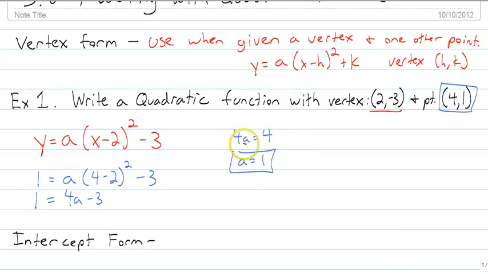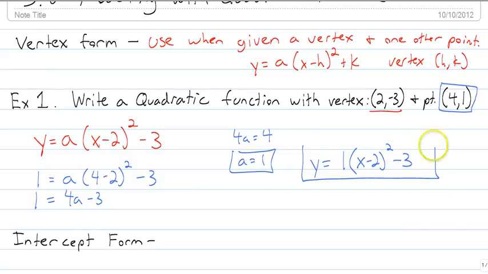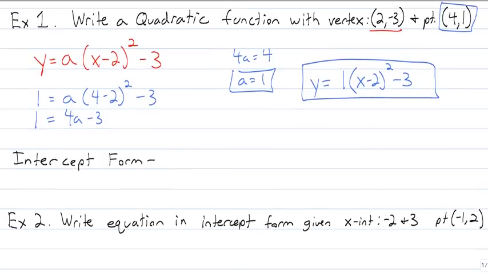So I found that a is 1, so my final equation is y equals, and you can either put the 1 here or you don't have to, x minus 2 quantity squared minus 3. And that is our equation in vertex form, based on the vertex and this given point. That's all you do for vertex form.